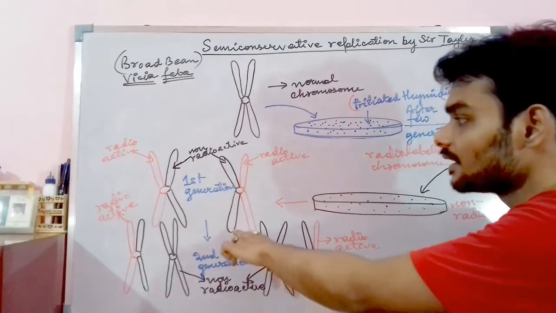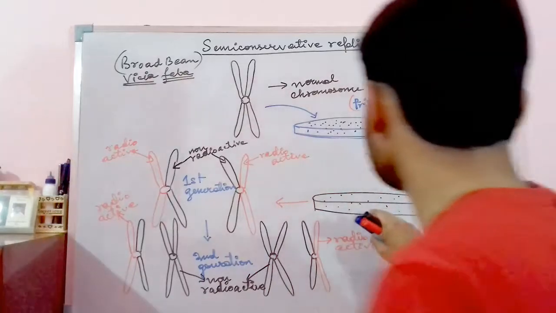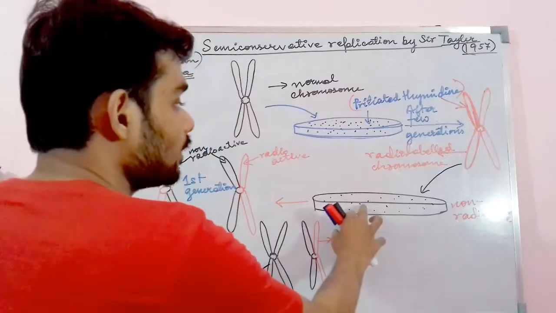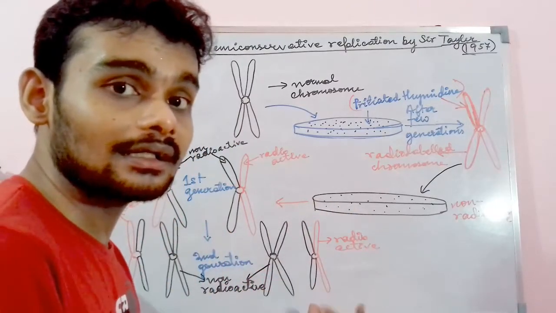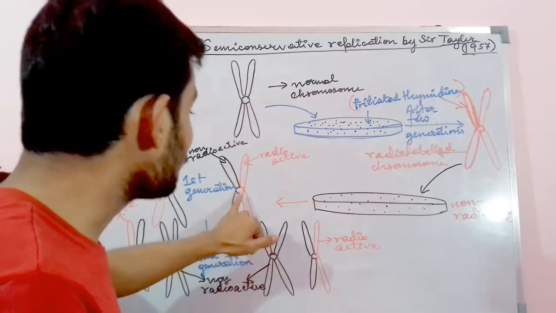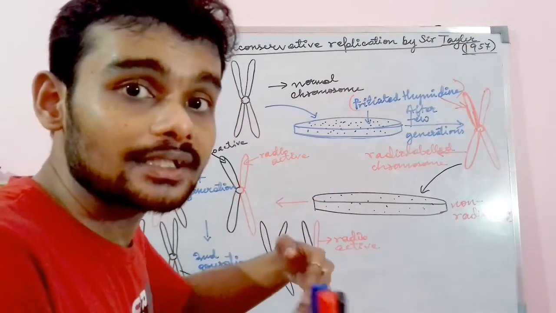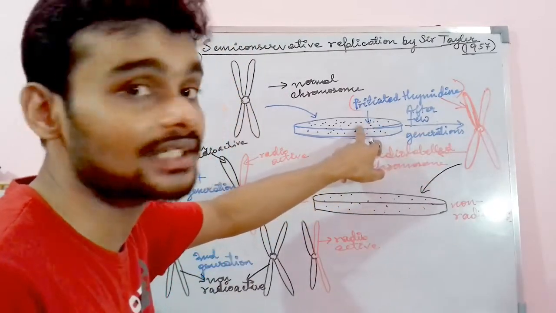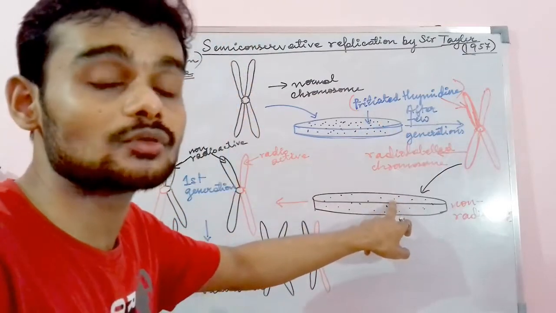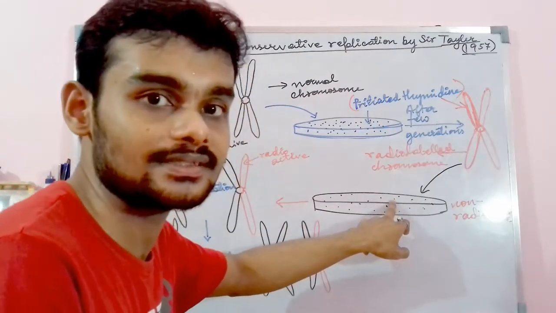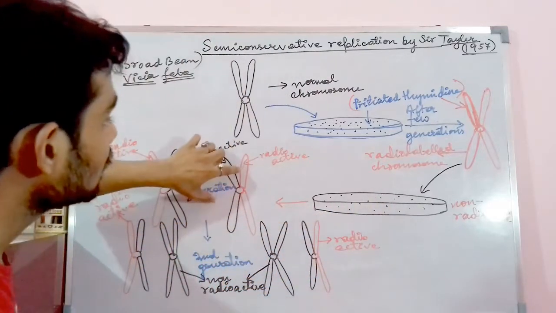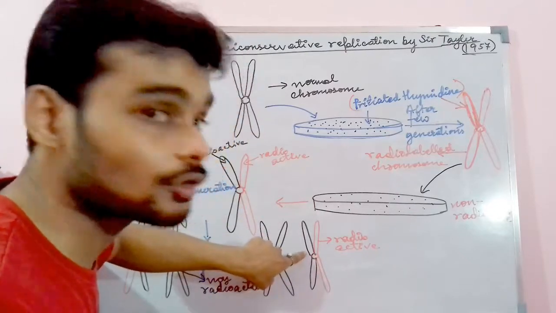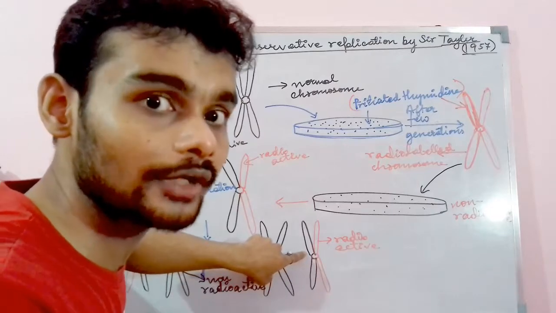Why? Because the medium here was changed to a non-radioactive medium, right? Now when the non-radioactive medium reacts with this chromosome, the chromosome will try to incorporate non-radioactivity within itself, just the way the chromosome incorporated radioactivity in the first case. So in that case what will happen? The parent arm, though it is radioactive, the fresh new daughter arm that would be produced would be non-radioactive.